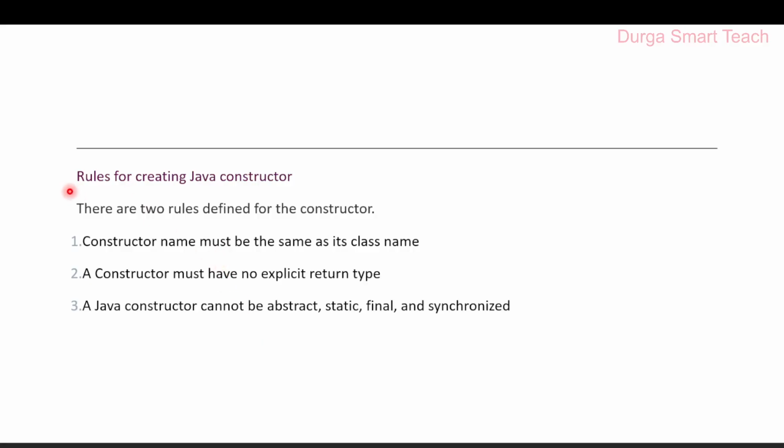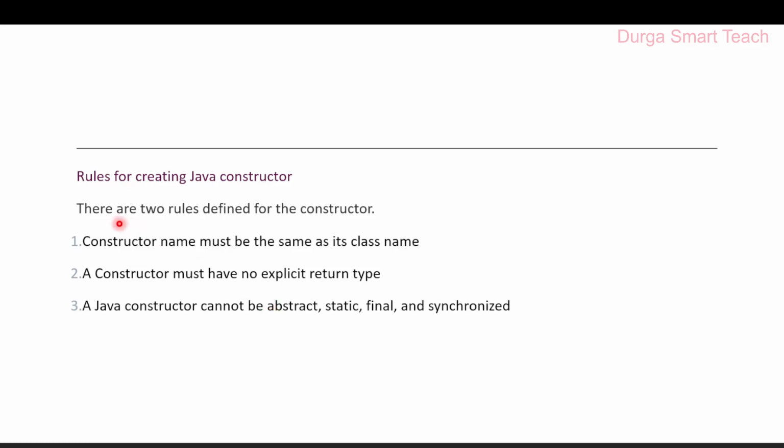First of all, the rules for creating a Java constructor. A constructor is a special type of method, but the constructor name must be the same as its class name. For example, if the class name is student, the constructor name is also student, but the class name does not have parentheses, whereas the constructor does, because it is a special type of method.